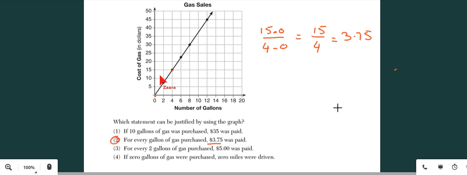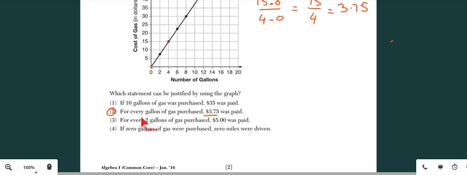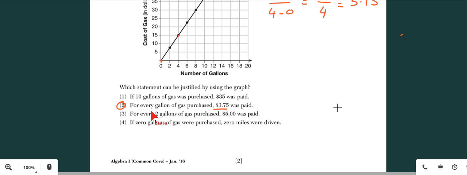For every two gallons of gas, $5 was paid. No, this is wrong, because if you multiply 3.75 with 2, you will get 7.5. And then, if 0 gallons of gas were purchased, 0 miles were driven.